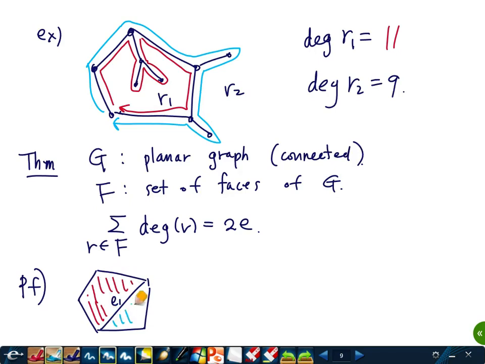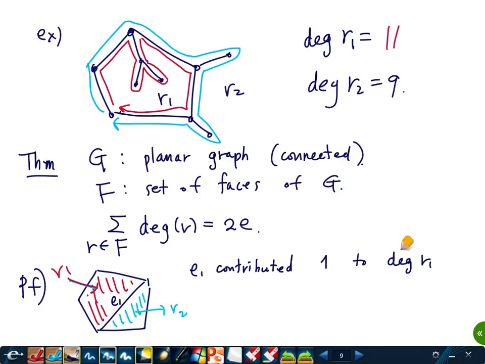Here, if they are in different regions, like this side and this side, let's say this is R1, this is R2. In this case, E1 contributes 1 to the degree of R1, and also contributes 1 to the degree of R2, because when you compute the degree of R1, you follow E1 just once.